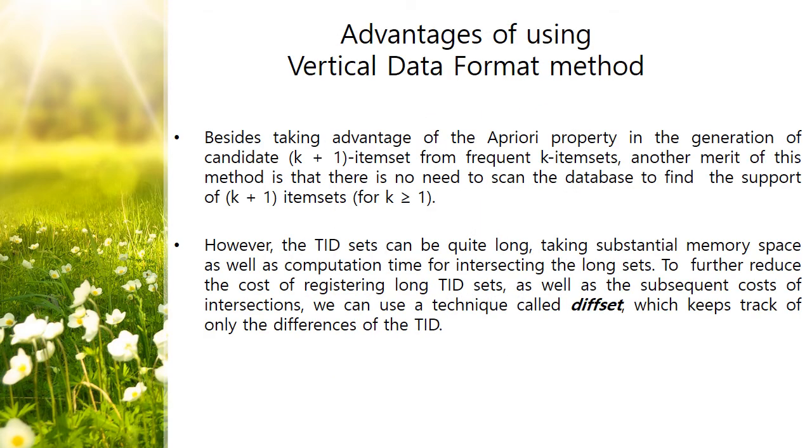We will see what the advantages of using this particular method are. Besides taking advantage of the a priori property in the generation of candidate item sets from frequent k item sets, we have another merit of this method: there is no need to scan the database to find the support of k plus 1 item sets for k greater than or equal to 1.